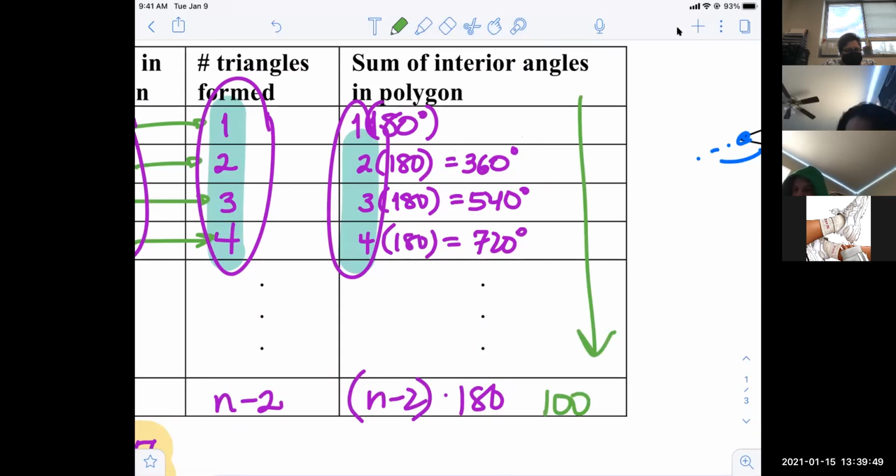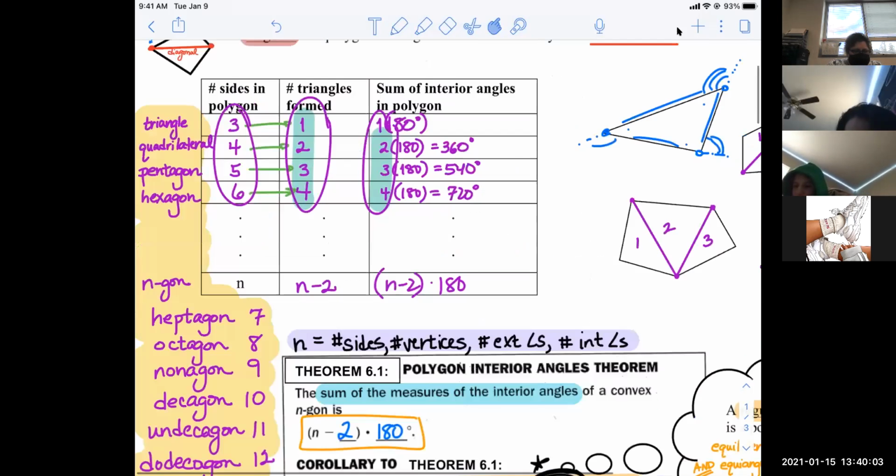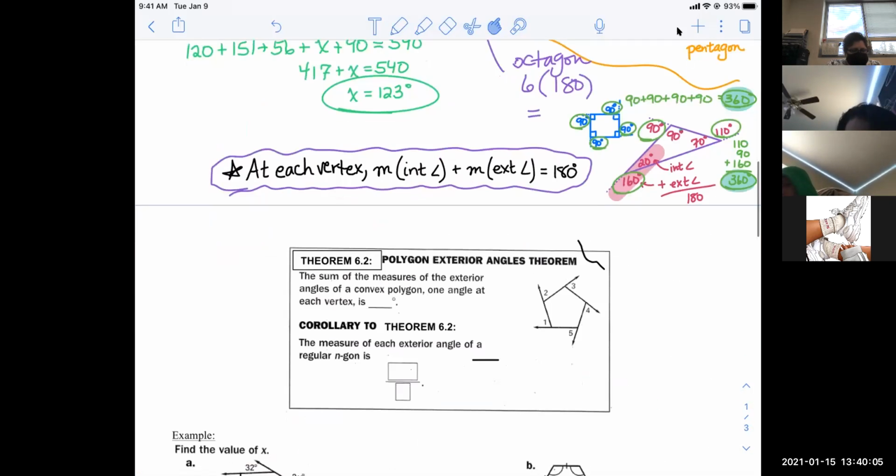If n was 100, if there were 100 sides, it's getting bigger and bigger. The more sides there are, the greater the sum of the interior angles is. But the exterior would still be 360. So the exterior angles are a lot simpler than the interior angles.